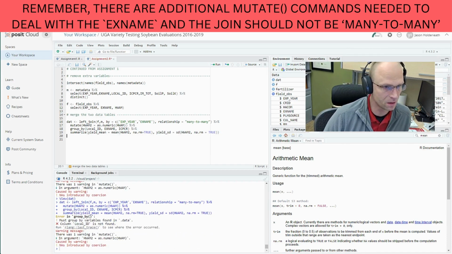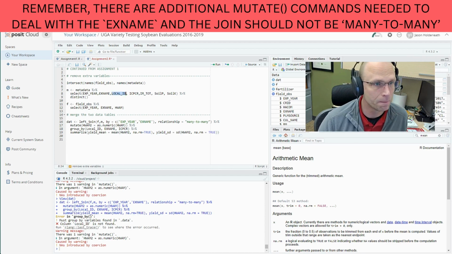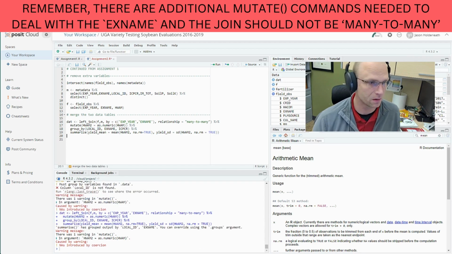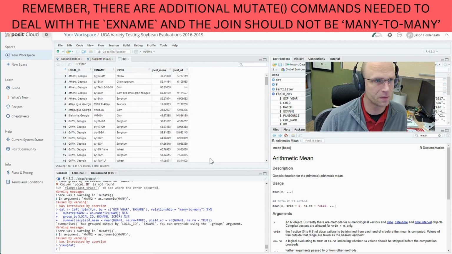Okay. So again, local ID is not found. Let's look at that. Oh, it was supposed to be something else. Let's do that again. Okay. So back to DAT.